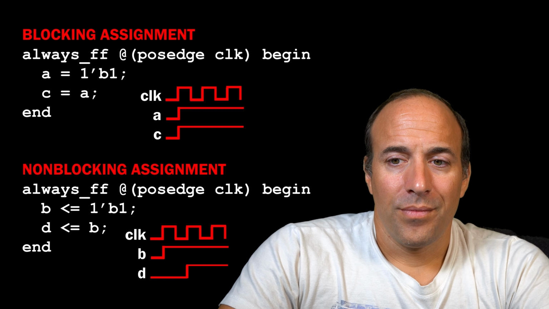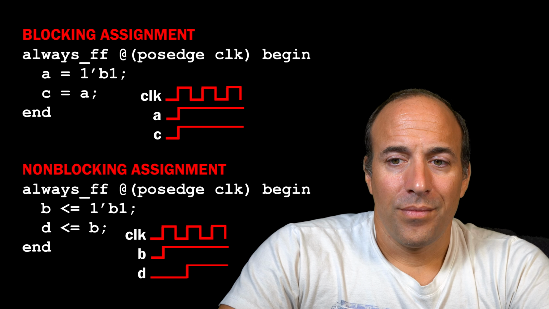This has caused some unexpected bugs in some of my SystemVerilog designs, so it's best to stick with the convention, meaning use the blocking or single equal sign when building combinational logic, and use the less than equal or the non-blocking assignment when designing sequential logic.